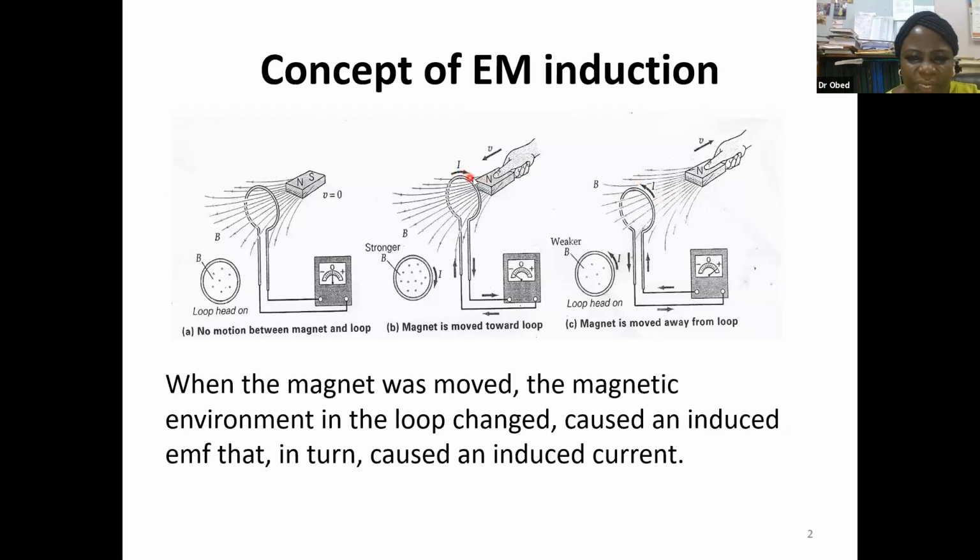This one is to the right, this one is to the left, and the galvanometer needle has deflected to the right. So in general, when the magnet was moved, the magnetic environment in the loop changed, which caused an induced EMF, that's electromotive force, which in turn caused an induced current.